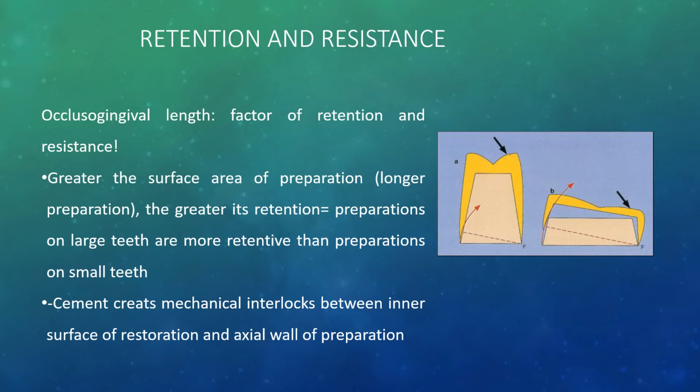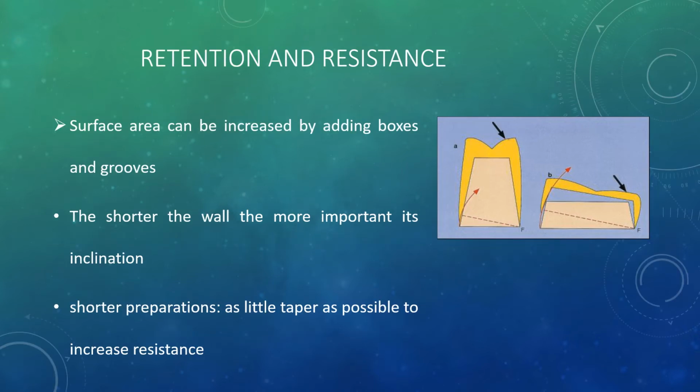It also helps in mechanical interlocking between the inner surface of the restoration and the axial walls of the preparation. So even if there are any oblique forces, your restoration will not dislodge, but will stay in the right place. And the surface area can be increased by adding the boxes and grooves; that is the only way of doing it.